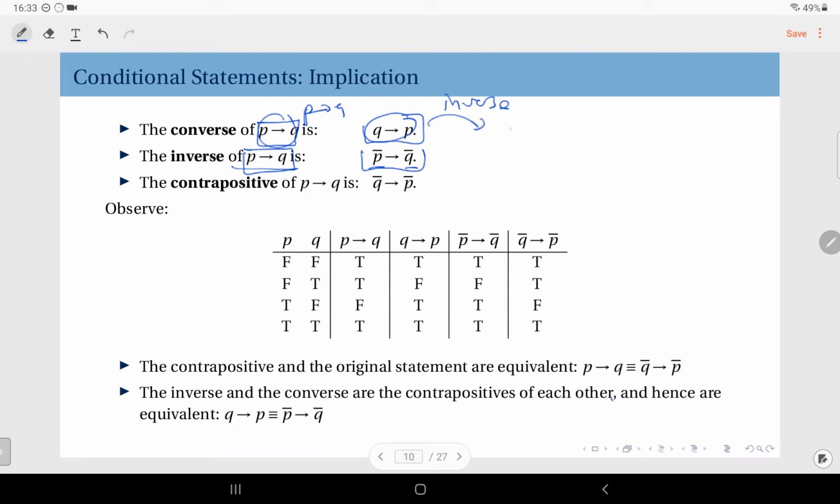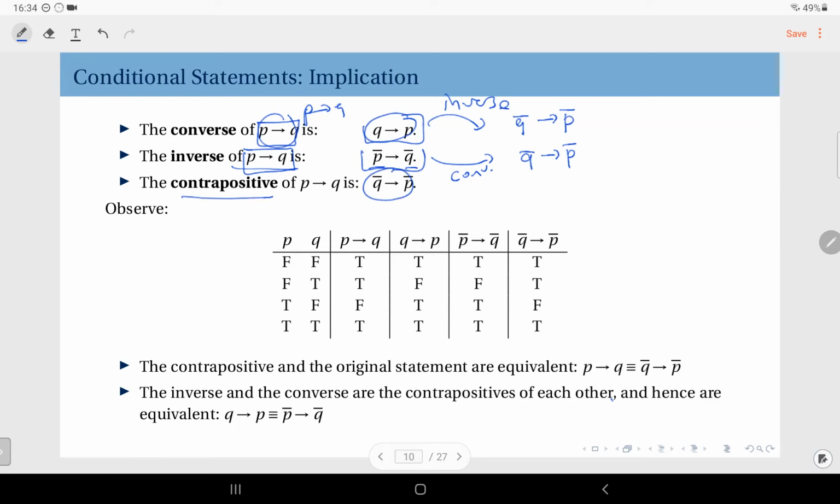What you get is not Q implies not P. Or you take the inverse of the original implication, not P implies not Q. You take its converse. What you have is not Q implies not P, the same statement. And that we call the contrapositive.